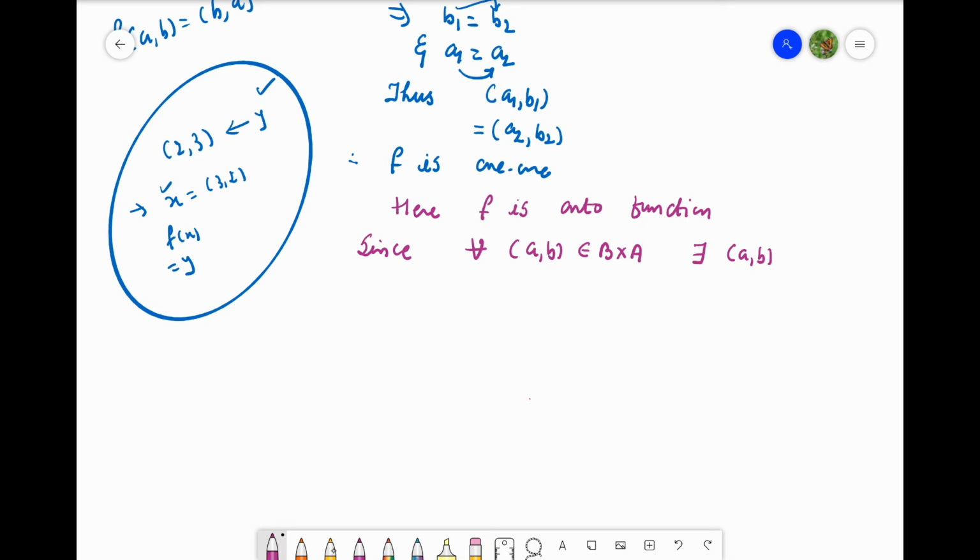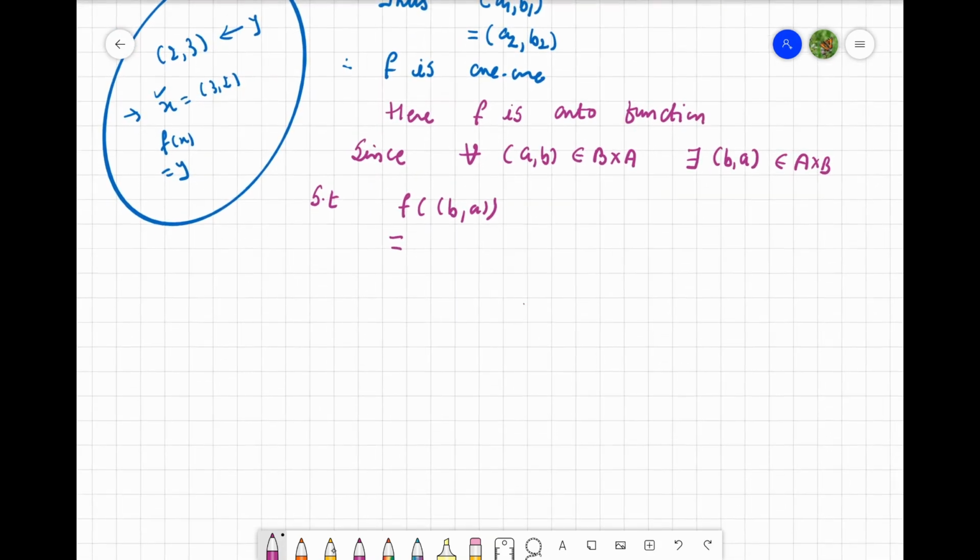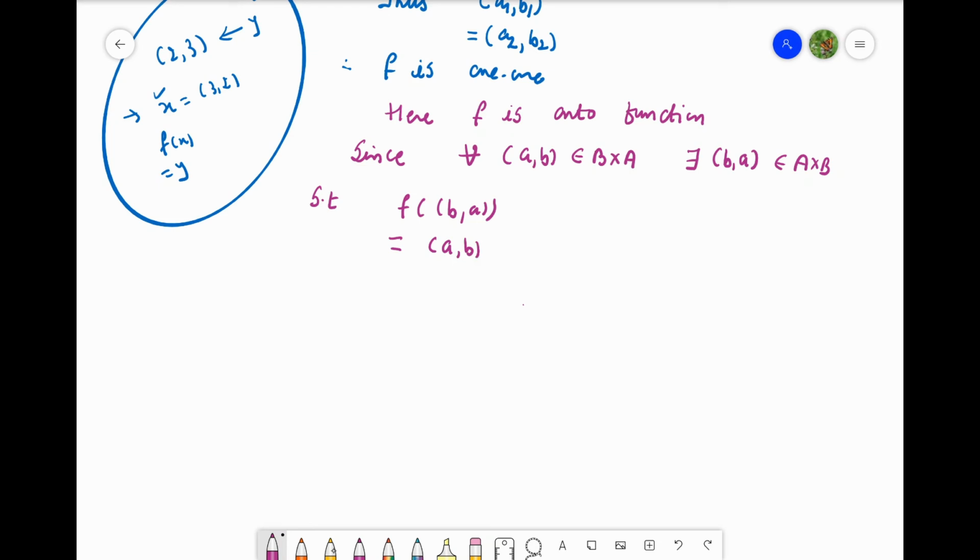So for each (a, b) belongs to B cross A, there exists (b, a) belongs to A cross B such that f of (b, a), by definition you have to reverse the order (a, b), and therefore f is onto function.